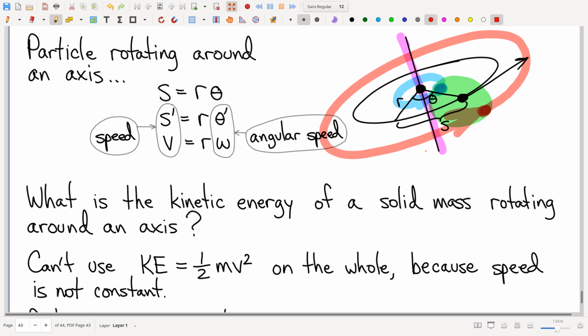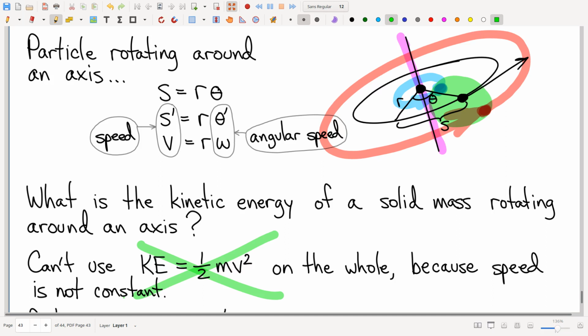So I cannot use this formula to compute the kinetic energy of this lump rotating around that axis. Because velocity is, speed, see, there I did it. It's easy to accidentally mess that up. Speed is not a constant over that entire lump. Everybody see the problem?